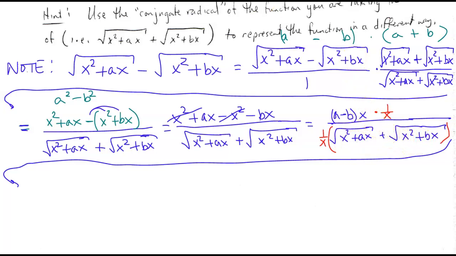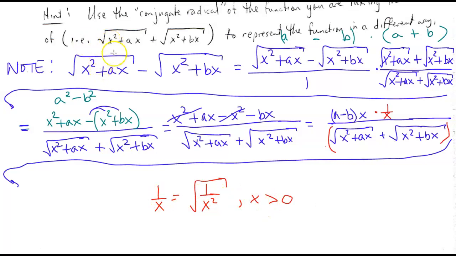So what I'm going to do instead of just writing 1 over x is rewrite it as the square root of 1 over x squared. And of course, I'm able to do that because 1 over x is equal to the square root of 1 over x squared as long as x is greater than 0, okay? So this is the equivalent of that as long as x is positive.